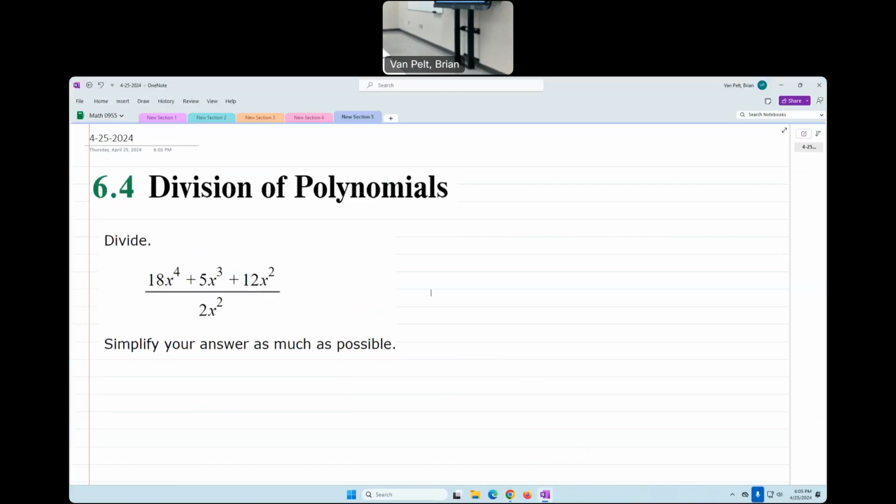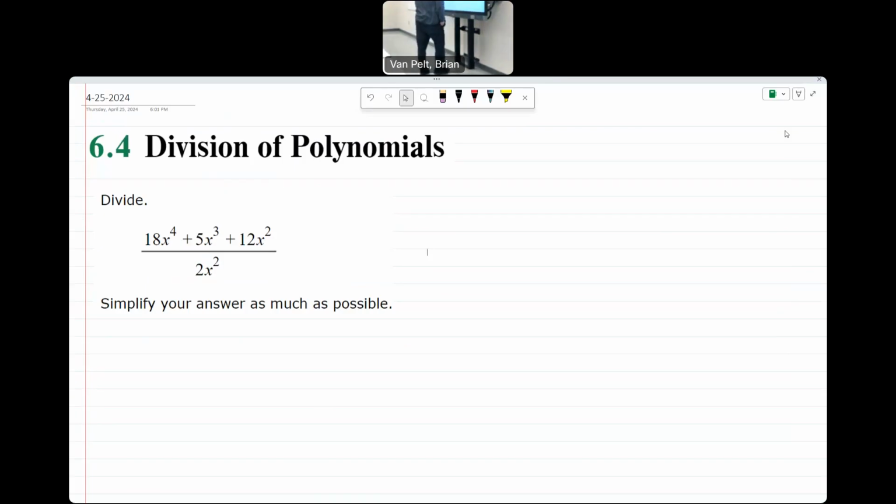Okay, now the way you work these is not too bad. I think you'll find it not difficult if your exponent rules are good. Let's take a look at what we're going to do here. First thing you want to do is break it up into individual components.